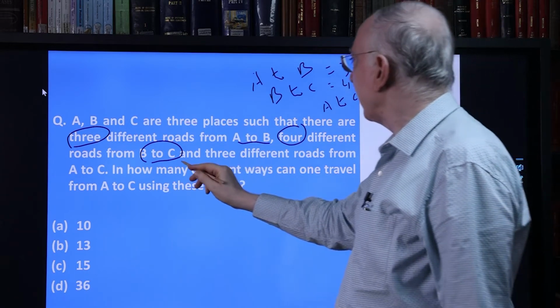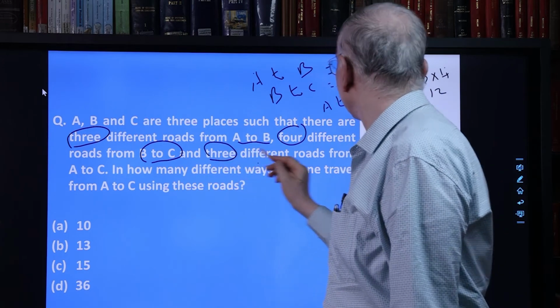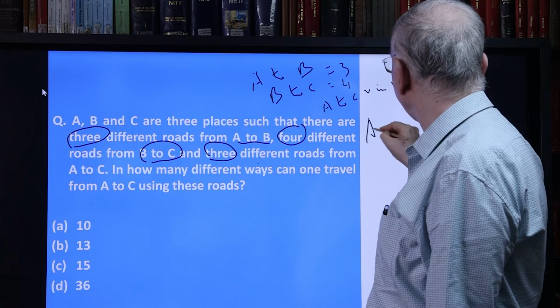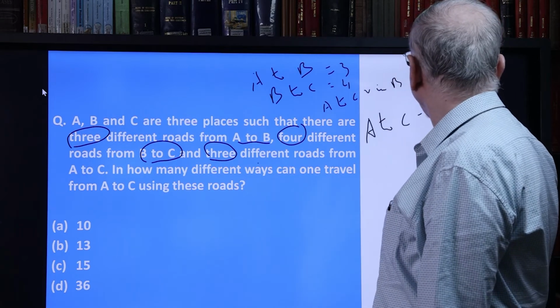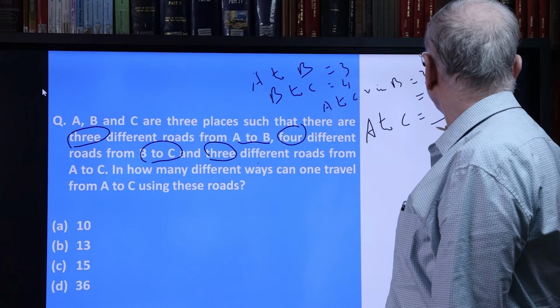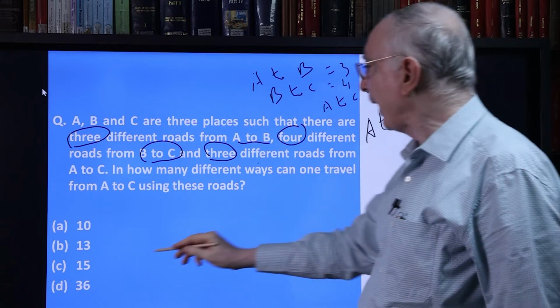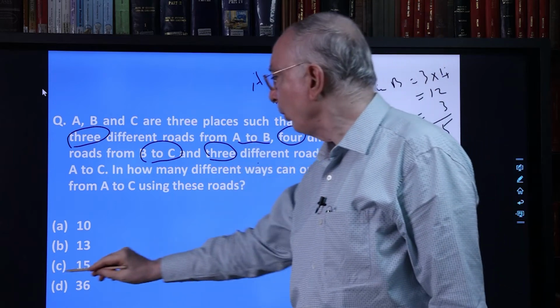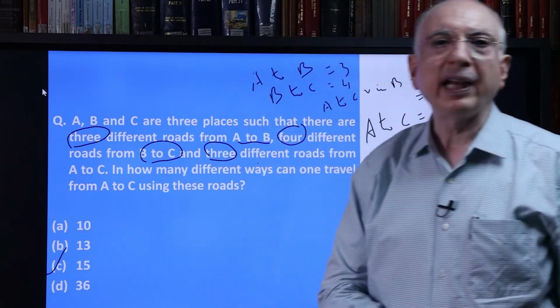But there are 3 different ways from A to C also. So if we go from A to C directly, there are 3 different ways. So 12 plus 3, that means 15. So there are 15 different ways by which one can go from A to C. Therefore option C is the right answer.